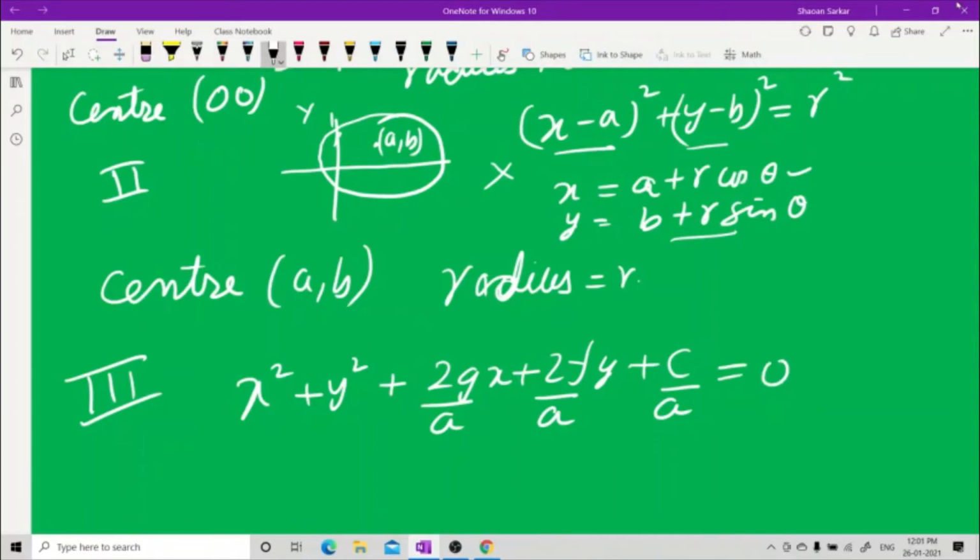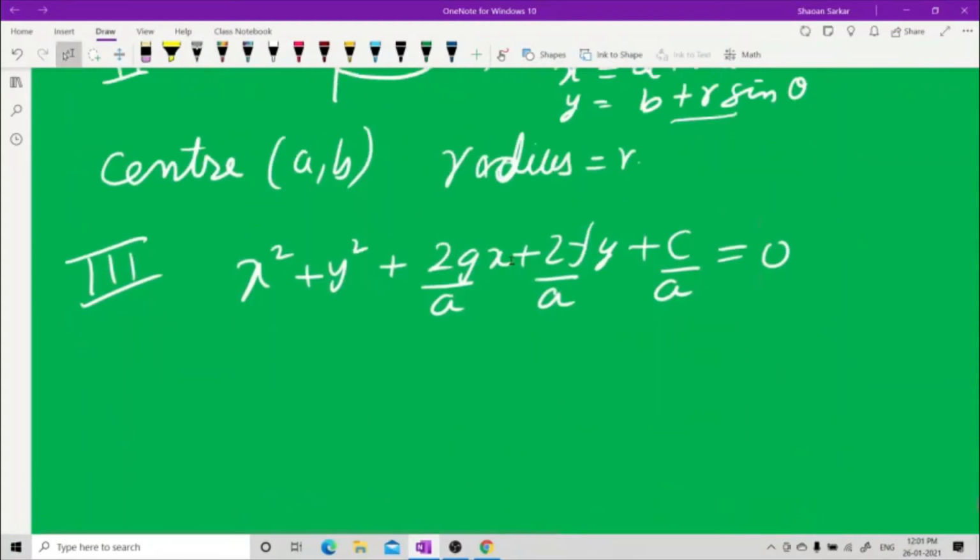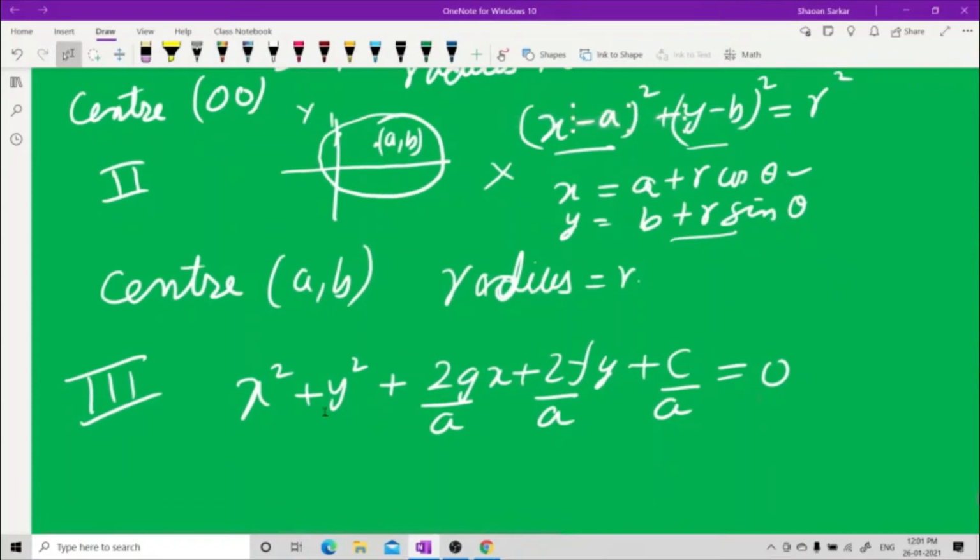In this case, you can convert this equation to this equation also by expanding.